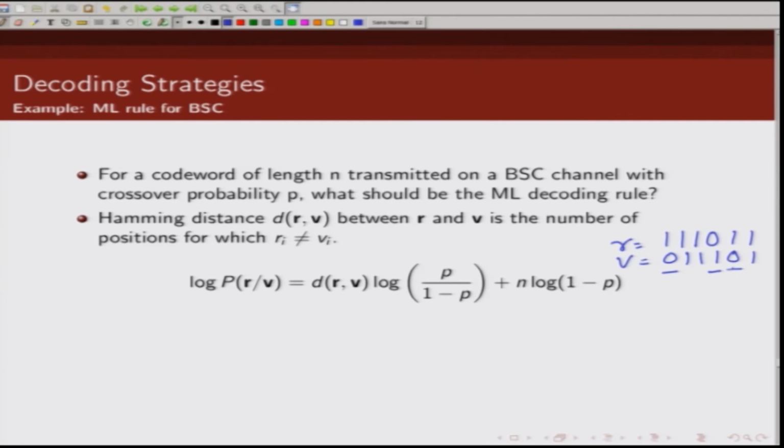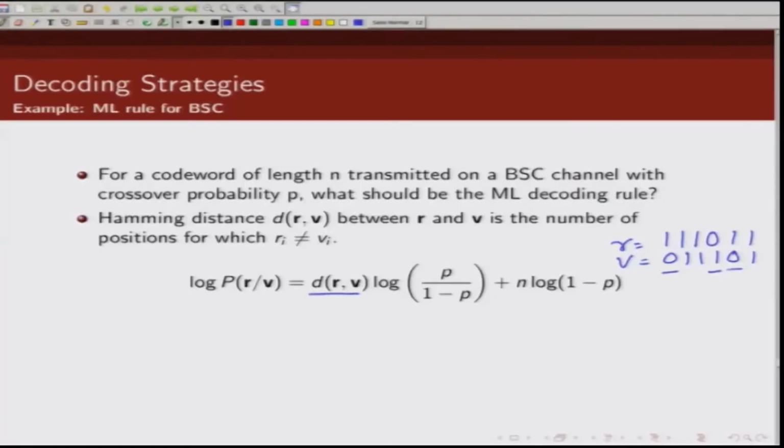Now, when we send an n-bit code word over a binary symmetric channel, what happens? Some of the bits will get flipped with crossover probability p. Let us denote the number of flipped bits by d. The Hamming distance between R and V specifies the locations where R and V are not the same, which are the locations where errors have occurred.